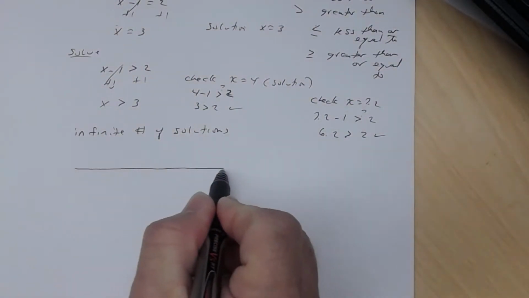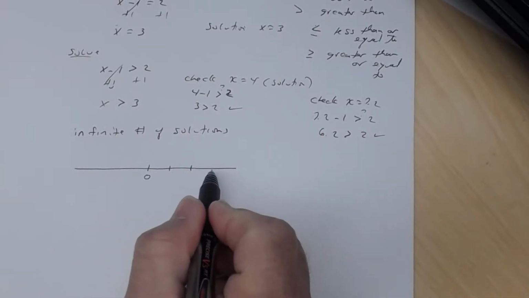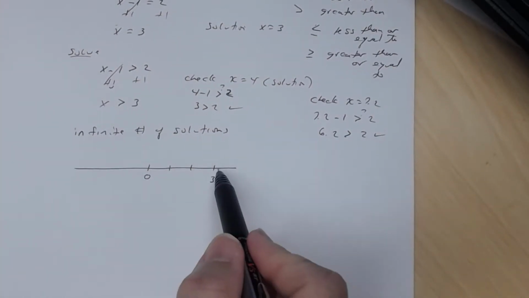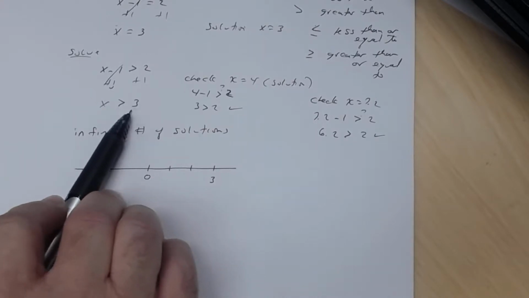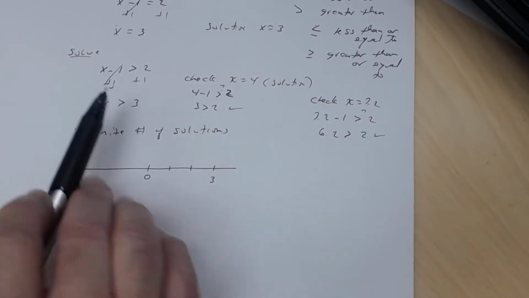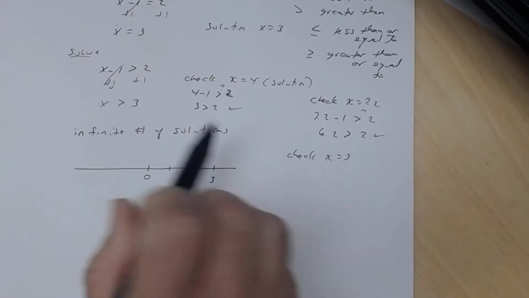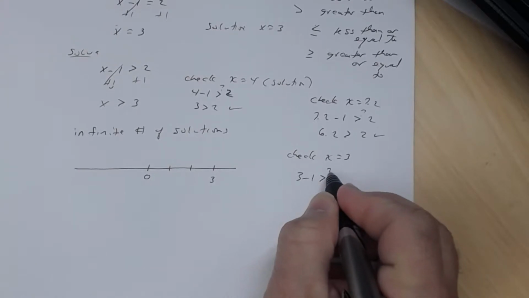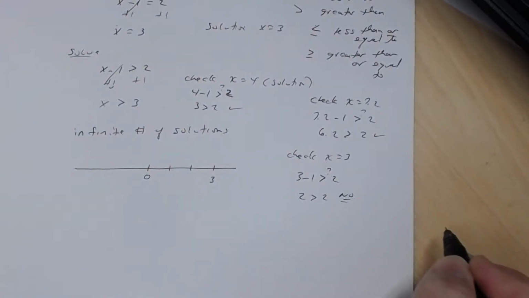So if this is 0 on the number line, and this is, let's say, 1, 2, 3, now notice this says that all the solutions have to be strictly bigger than 3. So 3 is not a solution, because if you check x equals 3, you plug in 3, I get 3 minus 1, and the question is, is that bigger than 2? So is 2 bigger than 2? The answer is no. 2 is not bigger than 2.